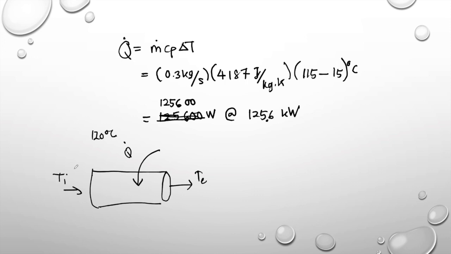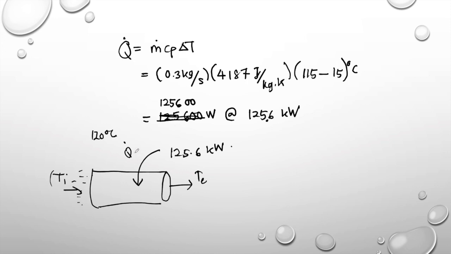The Q value for this is equivalent to the Q value for this, which is 125.6 kilowatt. So we know that the Q is constant, whatever Q is transferred or absorbed by the system. So this Q is absorbed by the fluid, between Te and Ti.